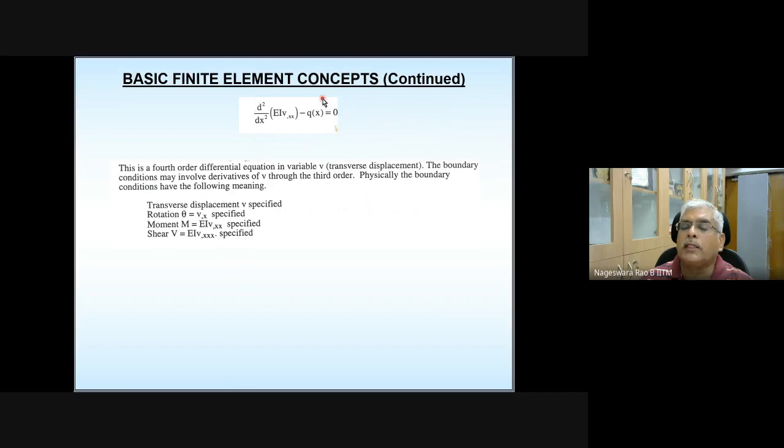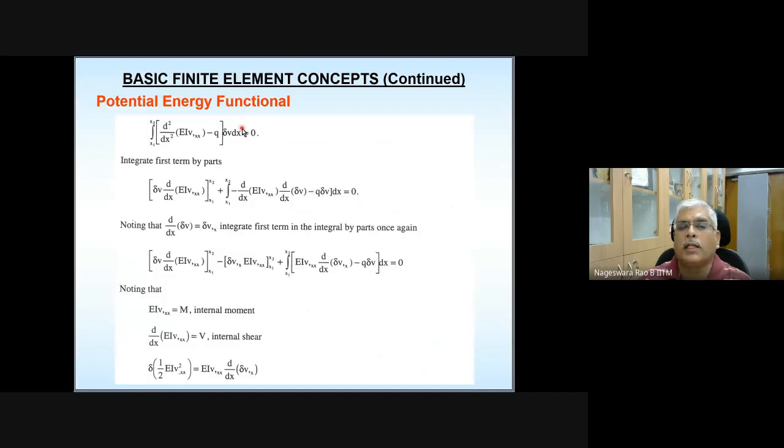So multiply this differential equation with the variation of it, and integrate over the problem domain, from x1 to x2. x1 corresponds to the starting of that element, x2 corresponds to the ending of that element. Okay, so with that, let's start. And whatever we are going to get is what is called the potential energy functional.